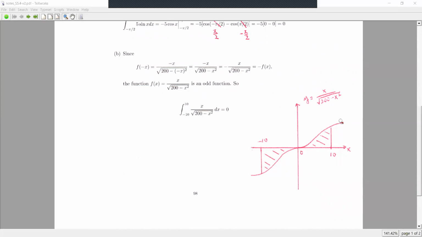The area of this shaded region above the x-axis is this area, and the area below the x-axis is this area. These two areas are equal. So therefore, the net area of this shaded region is 0. And therefore, this integral is 0.